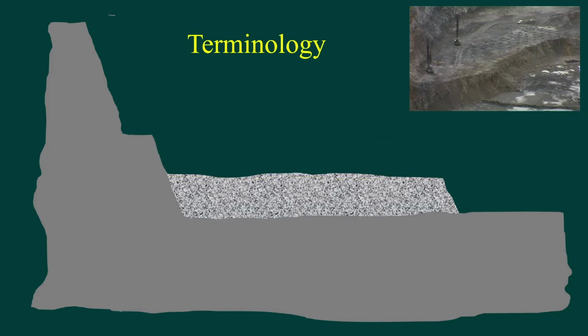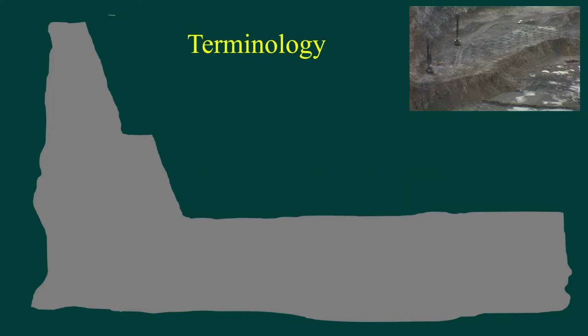Here we can see the top flitch has been excavated, and the next phase will be for the bottom flitch to be progressively excavated. And when the bottom flitch has been removed, excavation is complete.